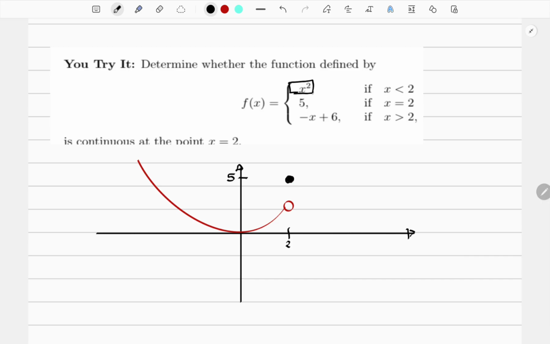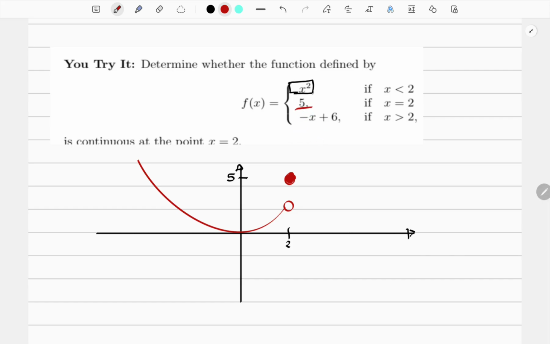Right? That's for 5. For uniformity, let me just maintain the red color. So that's for this other graph, the f of x is equal to 5.